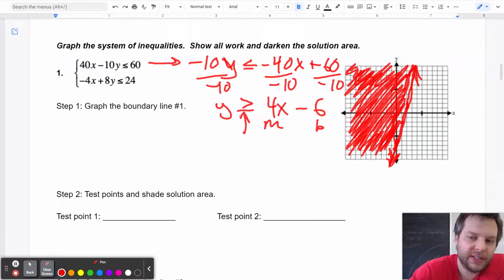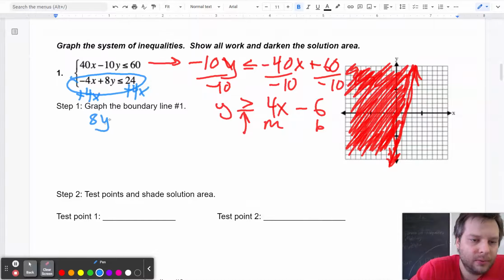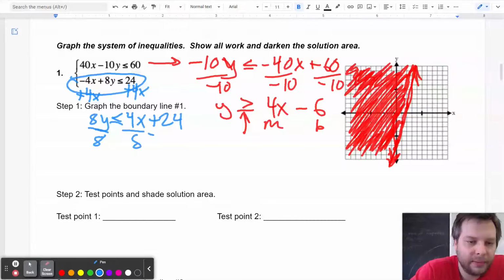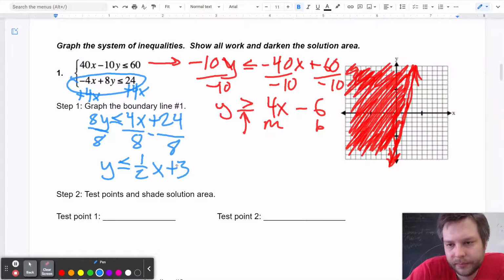Now I'm going to take the second inequality in a different color. Take this inequality, add 4x. If you do the opposite to both sides, then you move the x's to the opposite side. So I have positive 4x plus 24, divide by 8, divide by 8, and I get y is less than or equal to 1/2 x plus 3.